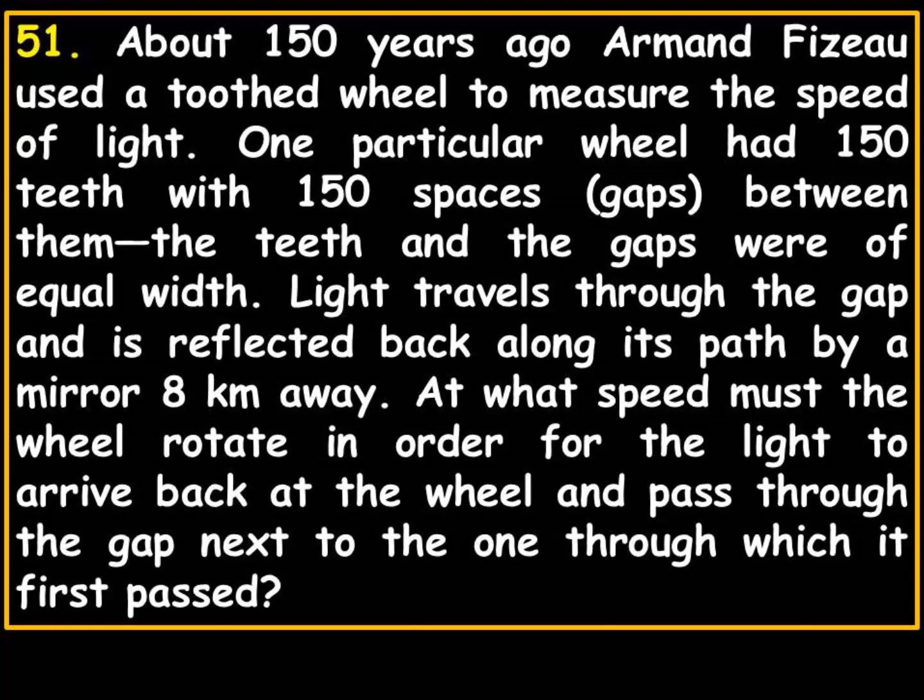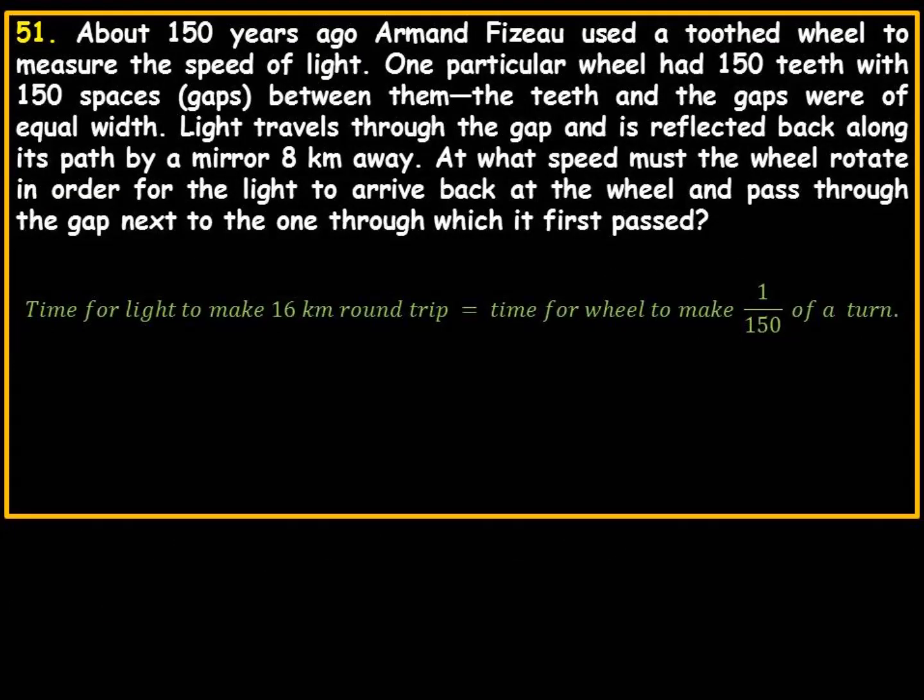So the light is going to travel 8 kilometers or 8,000 meters, and then it will be reflected, and then it will travel a total distance of 16 kilometers or 16,000 meters.